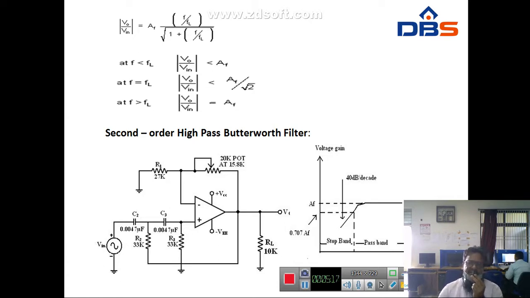The next condition, if f is greater than fL, the magnitude of V0/Vin is equal to AF. So this is about the high pass filter.